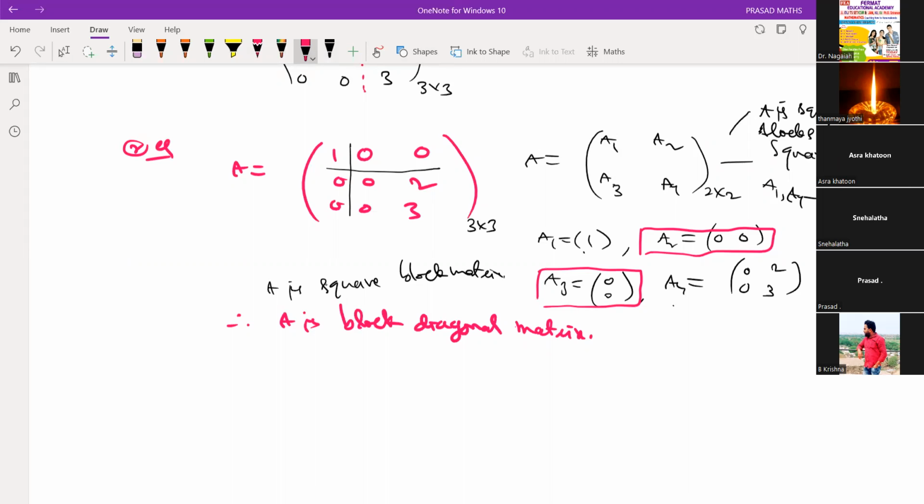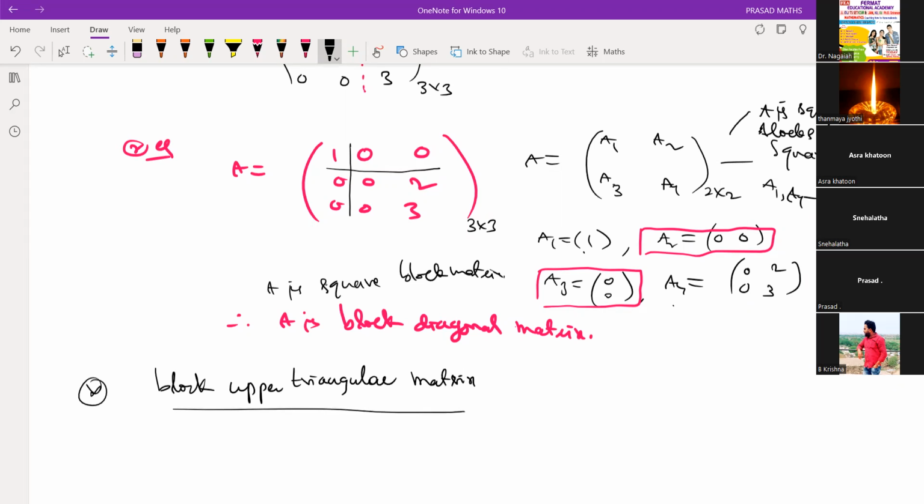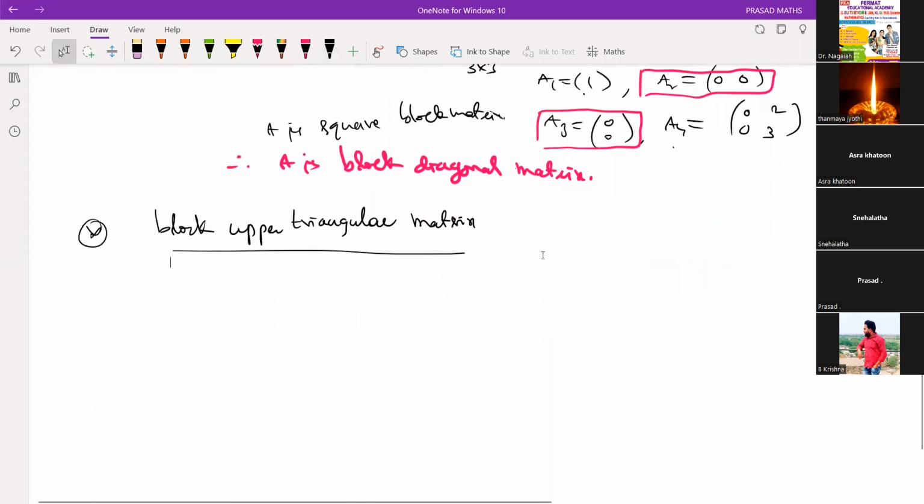Next is the block upper triangular matrix. Same definition, looking like an upper triangular matrix.